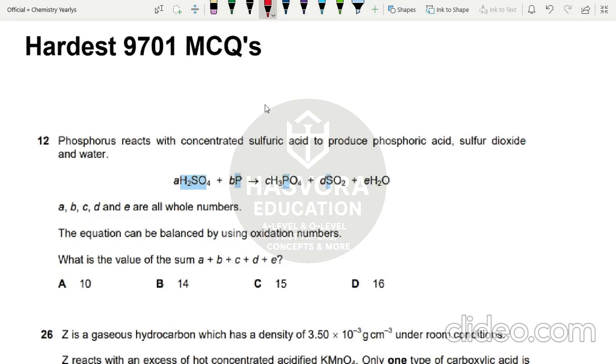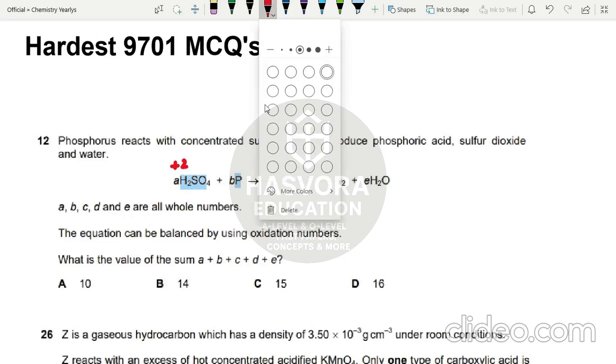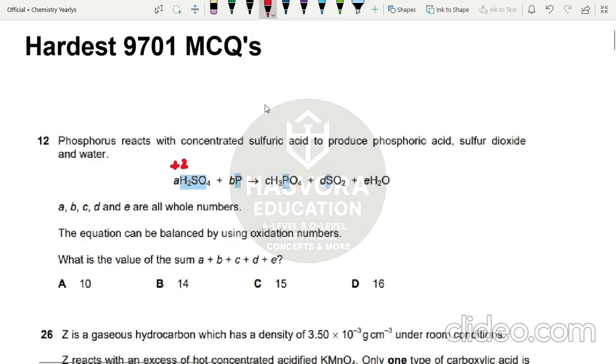So +2 of the hydrogen, then -2 into 4 of the oxygen, so it will become -8. -8 plus 2 is -6, so sulfur will be +6. So the sulfur is going from +6.